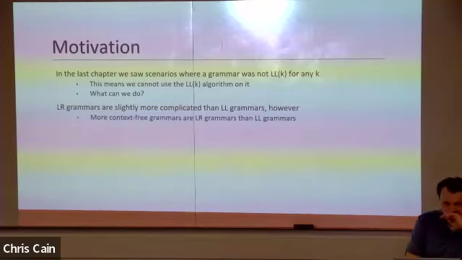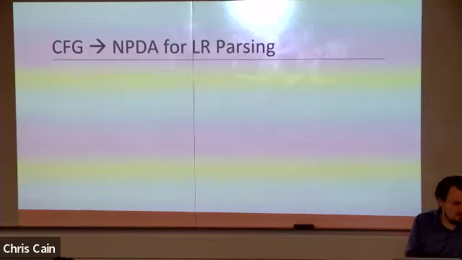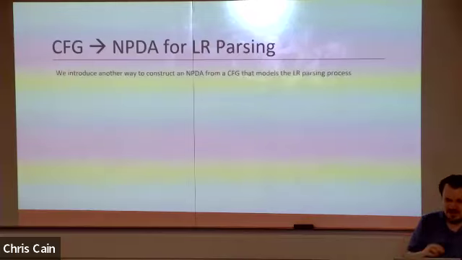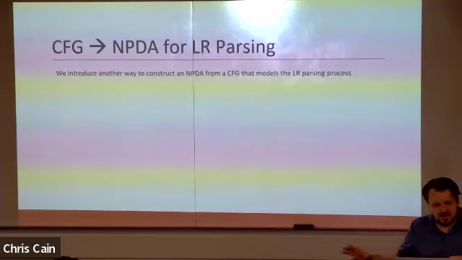So let's look at, I guess we started last time looking at the conversion process between the context-free grammar and the NPDA, and we modeled the process that we ended up using. We're going to start there again, but we're going to tackle it from a different direction. So let's come up with a separate algorithm for constructing an NPDA from an associated context-free grammar. And this is going to be one that models LR instead of LL.